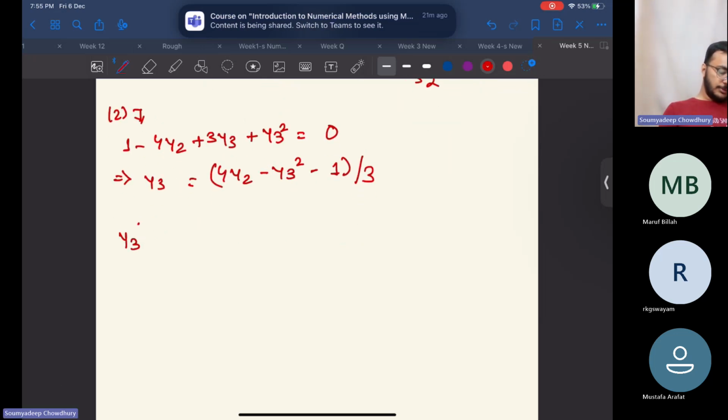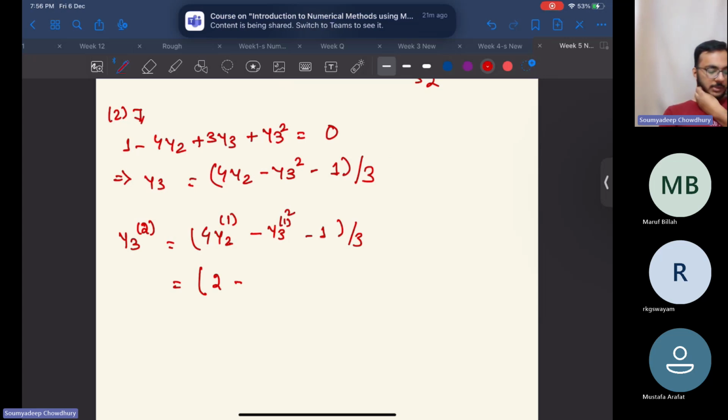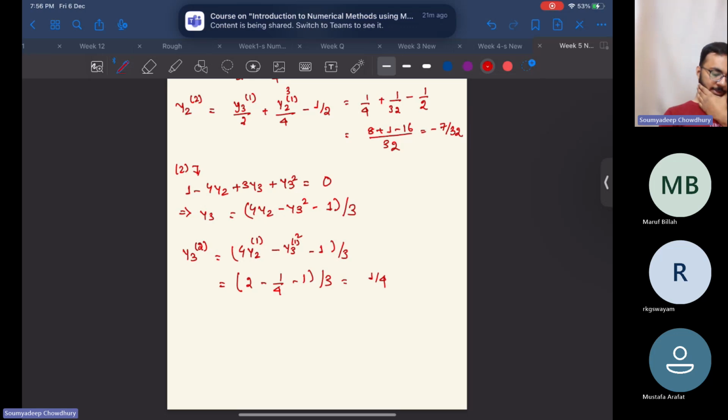We substitute for y3 of 2: 4 into half is 2, minus y3 of 1 squared, 1 by 4, minus 1 by 3. This will give me 1 by 4. So at the end of the first step, you get your y vector as minus 7 by 32 and 1 by 4.